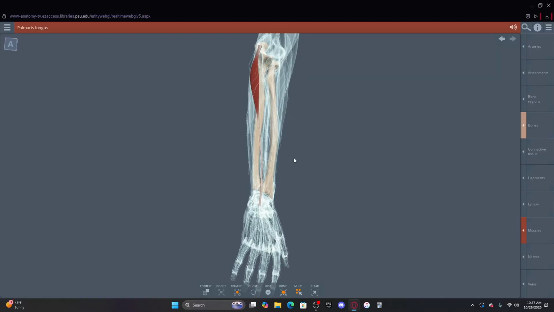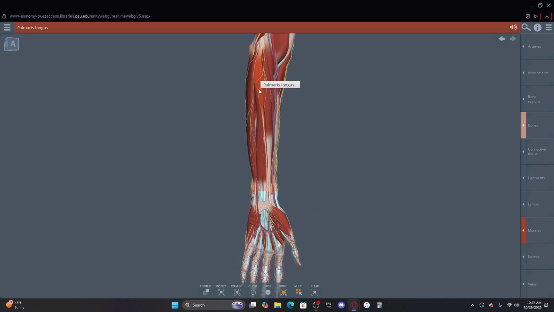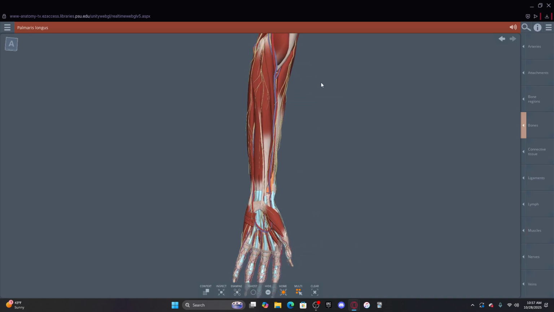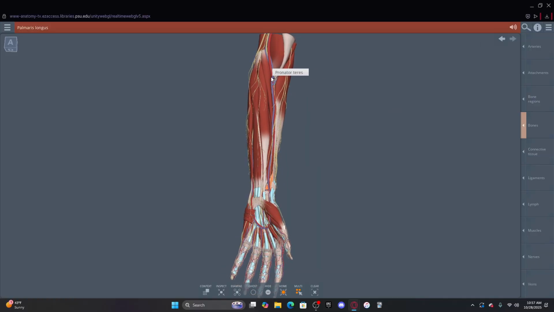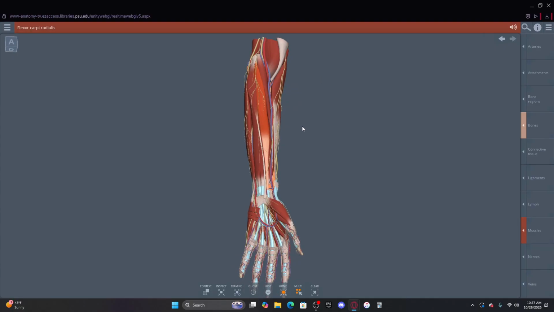Our next muscle that we're going to look at is flexor carpi radialis, right? It's actually in between the two muscles that I just mentioned, pronator teres and then palmaris longus. Flexor carpi radialis is in between those two muscles. It goes from the medial forearm to the metacarpals.